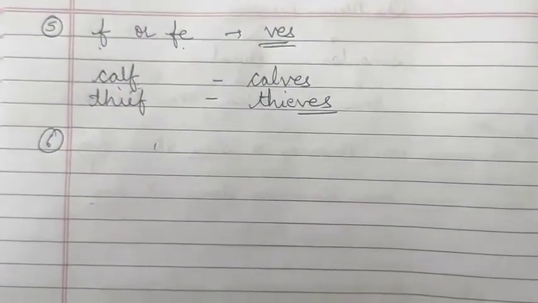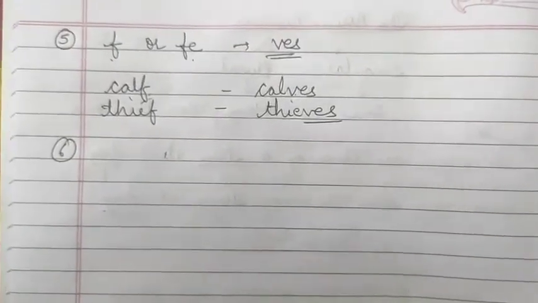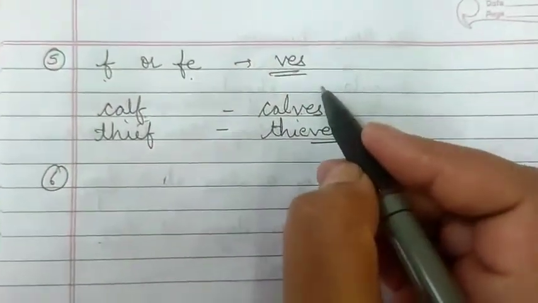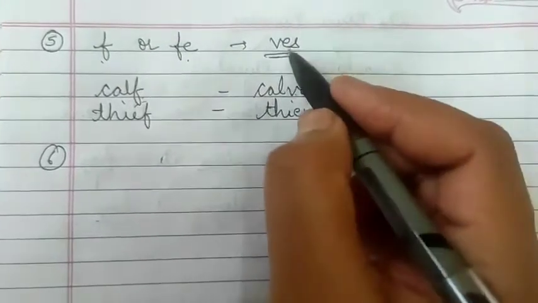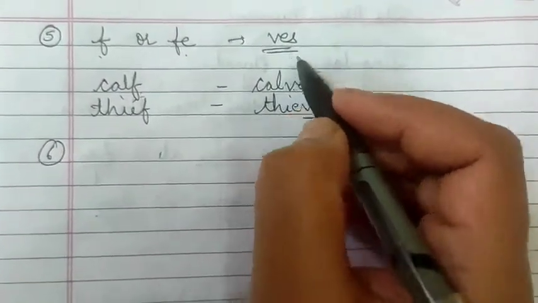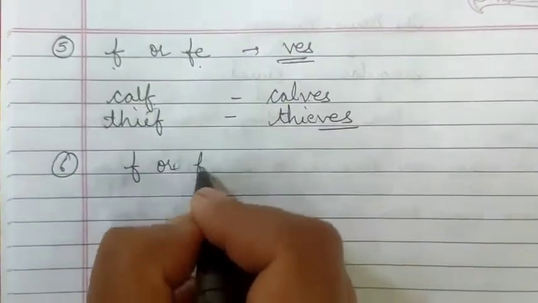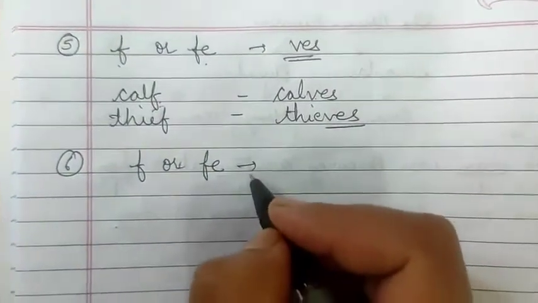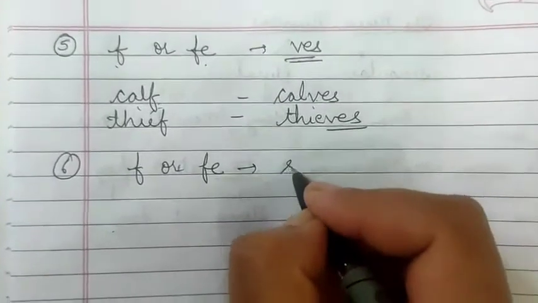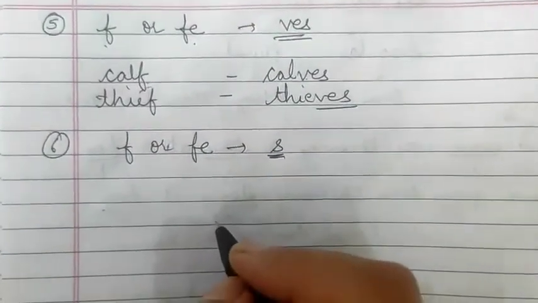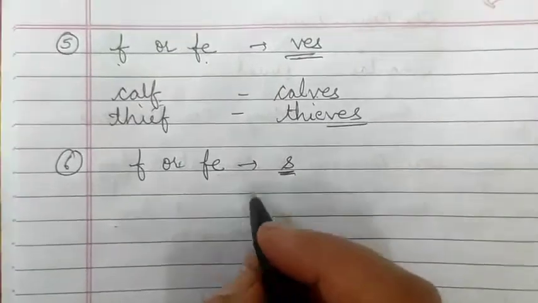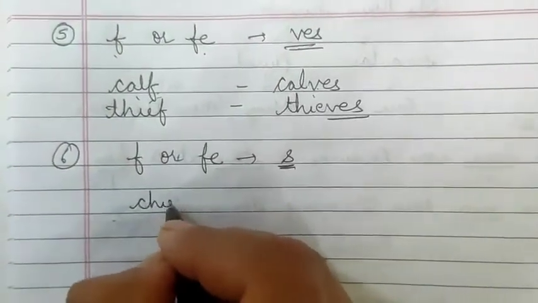Now children, there are some words which end with F or FE, but in some words we don't write VES in the plural form. What do we write? There are some words which end with F or FE, but when we write them in plural sense, we only add S to them. That depends on the singular noun. Like for example, chief.